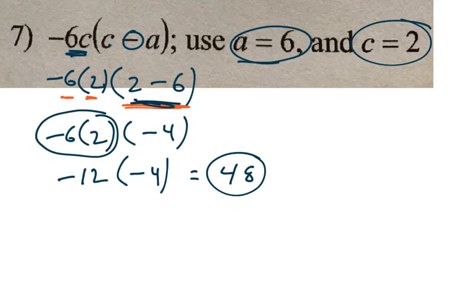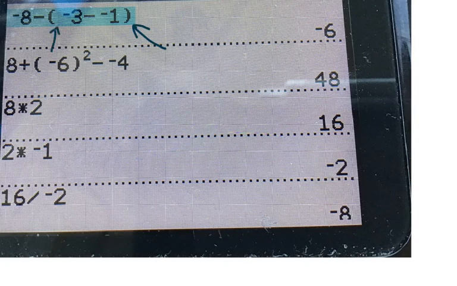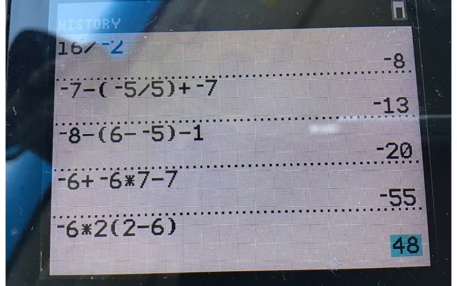So, guys, I just want to remind you of one more thing before I officially end this video. Guys, make sure you have a calculator. Use parentheses whenever appropriate. Notice all these answers should match up with the answers I got in this problem. Okay? If they don't, let me know.